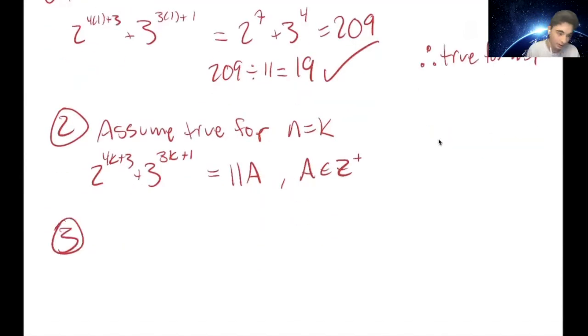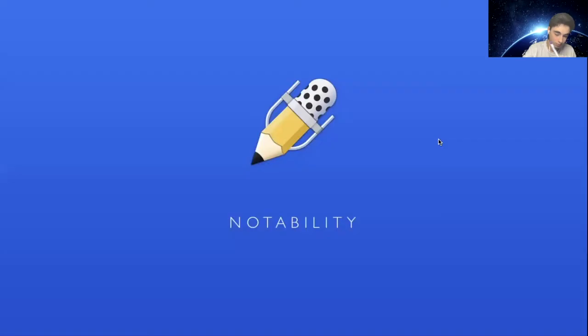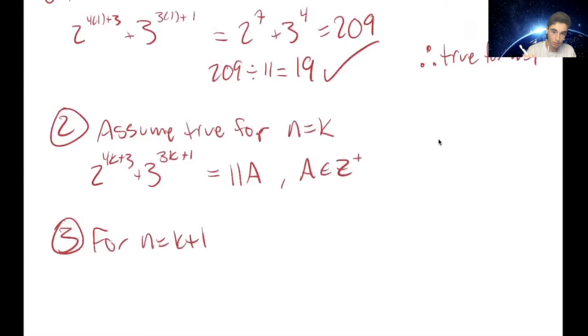Now, step number 3, this is the annoying part, but once you see it, it's the easiest problem in the world. And the more practice you have, the easier it will be to see it. So for n equals k plus 1. Now, my iPad is frozen. Still frozen.